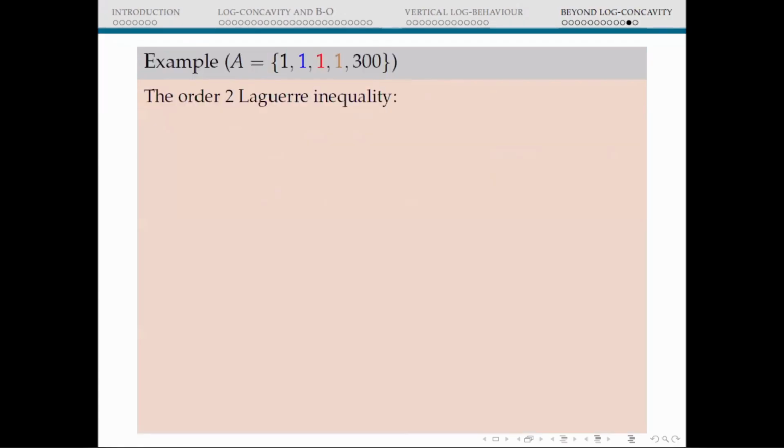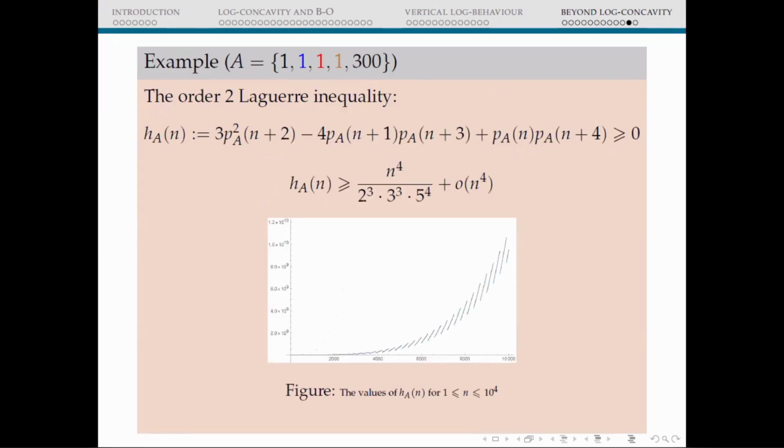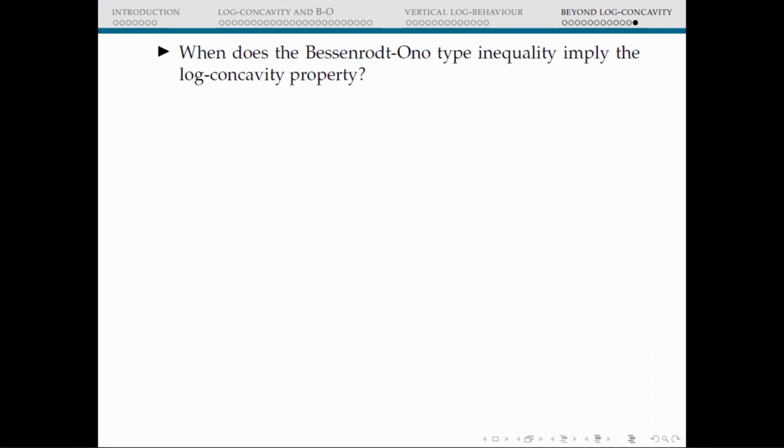But once again, we can take our favorite example, consider the second Laguerre inequality, and obtain that it does not satisfy the previous assumption, but still we have the second order Laguerre inequality. And that's, I think, everything I wanted to say today.